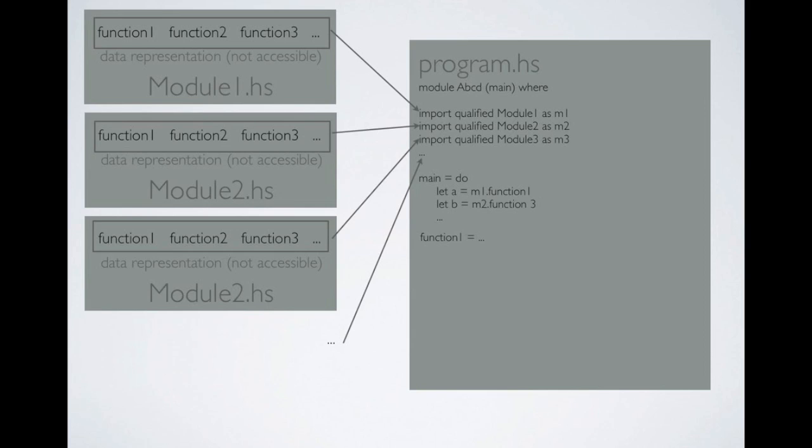What happens as a result is that when someone else wants to import whatever you've written within program.hs, then that person can only import main, and main is the function that you would call to get this program working.